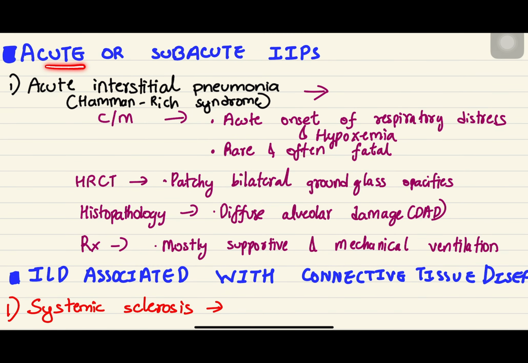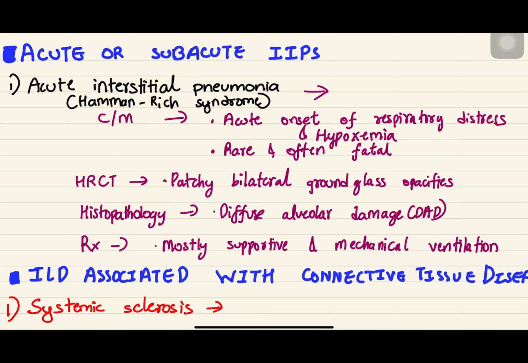Acute or subacute ILDs. In this, we are going to learn about acute interstitial pneumonia, which is also known as Hamman-Rich syndrome. In this, we can see acute onset of respiratory distress and hypoxemia. This is rare but often fatal. In HRCT, we can see patchy bilateral ground glass opacities.